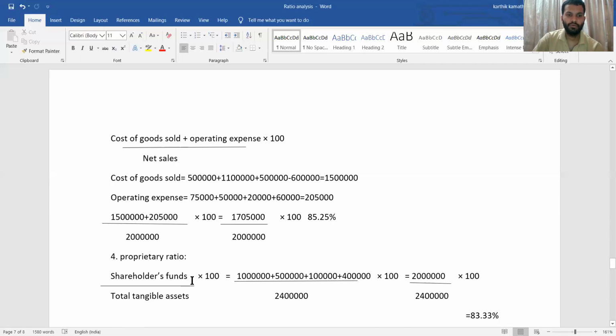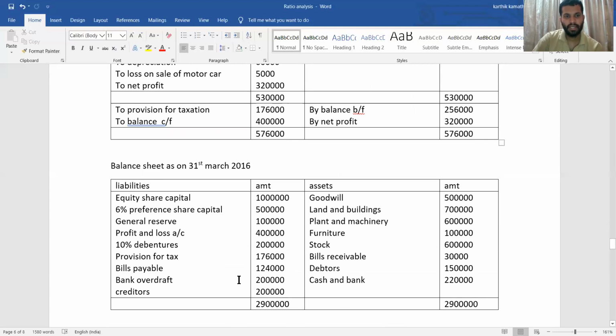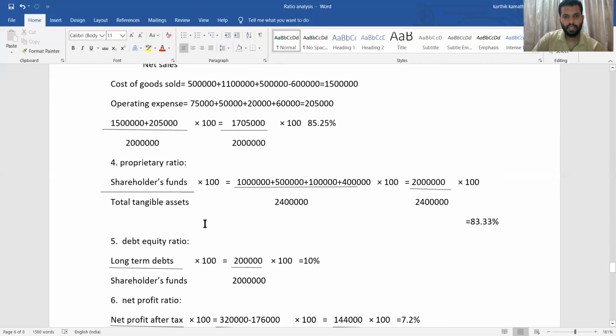Then the fourth one, proprietary ratio. Proprietary ratio is equal to shareholders fund divided by total tangible assets into 100. Shareholders fund, on the balance sheet liability side: equity share capital 10 lakh plus preference share capital 5 lakh plus general reserve 1 lakh plus profit and loss account 4 lakh, all four items, divided by total tangible assets.